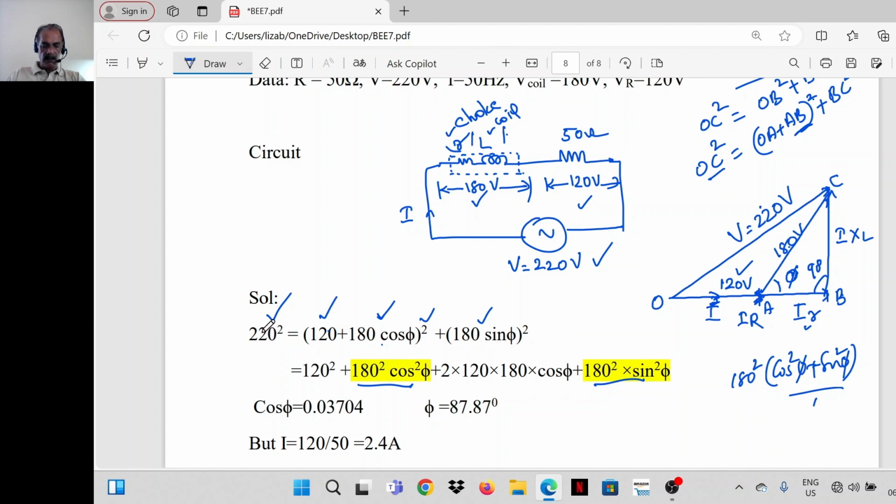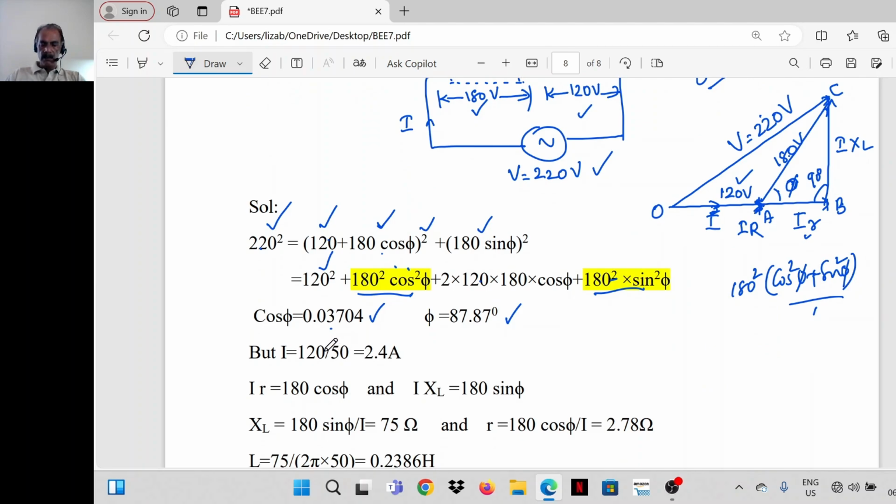Cos phi is equal to 220 square minus 120 square minus 180 square, the whole divided by 2 into 120 into 180. So you'll get it as 0.03704, or phi is cos inverse of this, and it is 87.87 degrees. So this angle we found out.